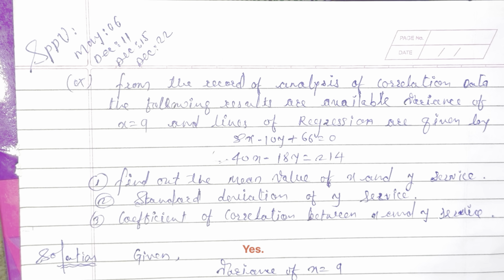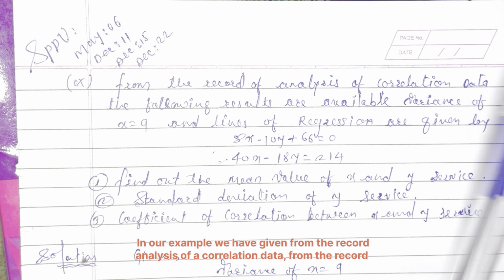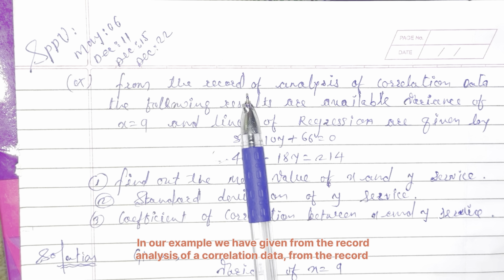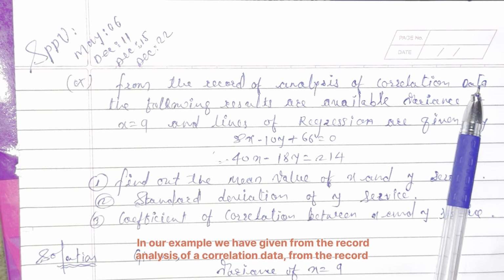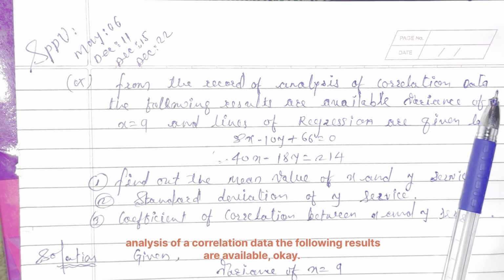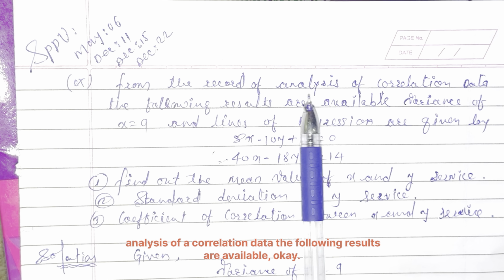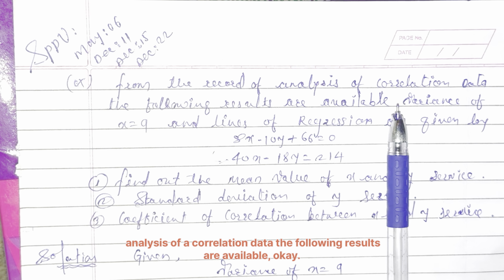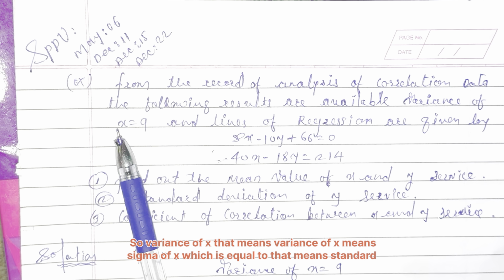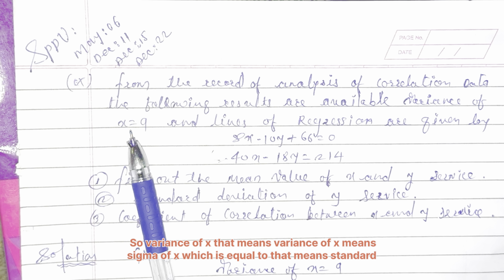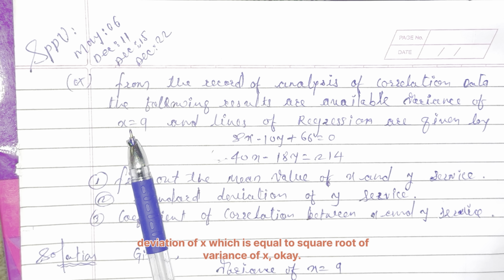Here in our example, from the record analysis of correlation data, the following results are available. Variance of x, that means sigma x squared, where sigma x is the standard deviation of x, the square root of variance of x.